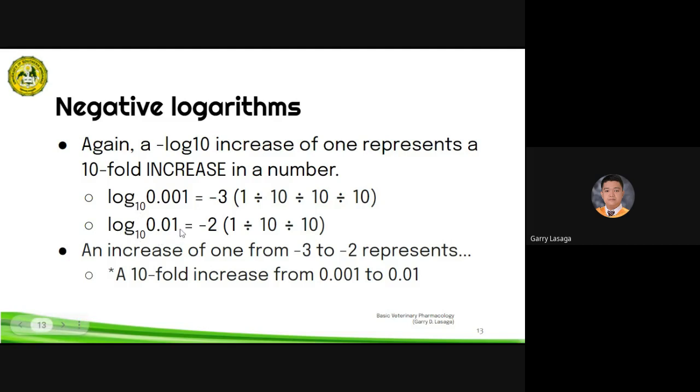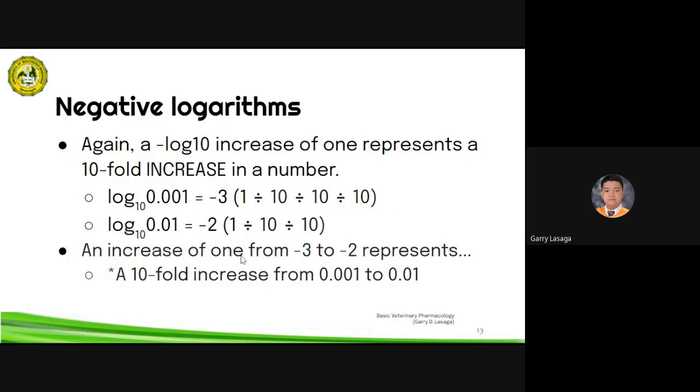The log base 10 of 0.01 is equal to negative 2. This means that we need to divide 1 two times by a base of 10 to get this number.